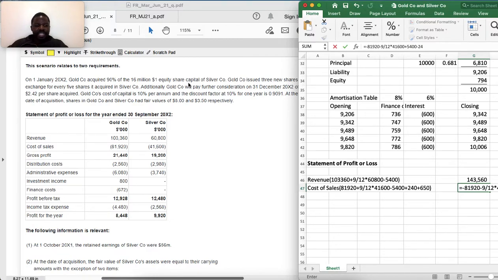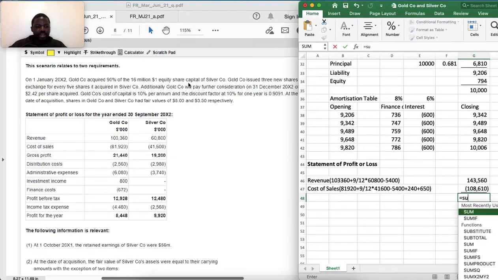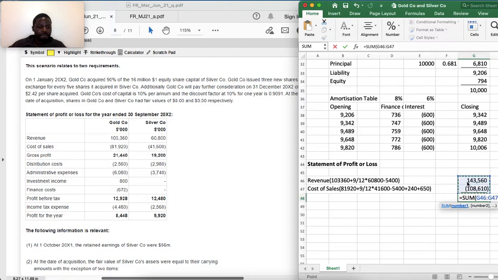Then we add the PAP. We also add depreciation. We get that figure. Then we sum up to get our gross profit. We get our gross profit like that.